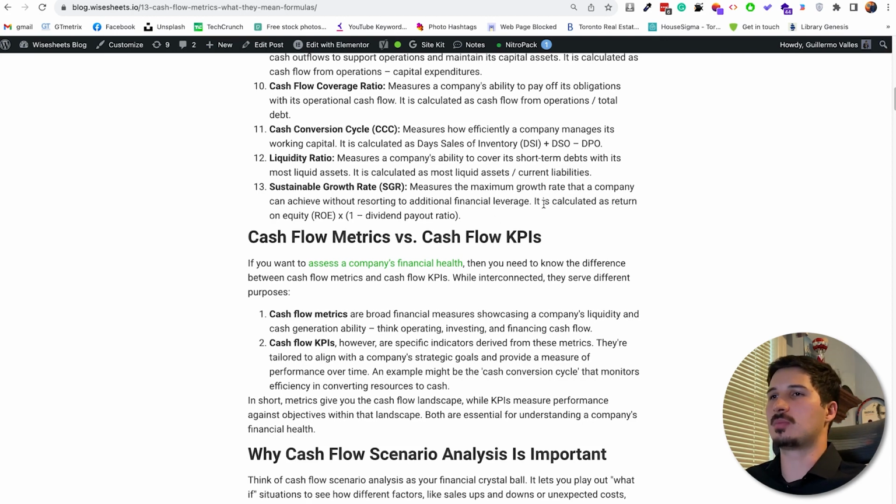This number is calculated by taking the return on equity and then you multiply that by 1 minus the dividend payout ratio, and this tells you what is a healthy amount that a company can grow if it doesn't want to take additional debt. This number is important because you can use this in your assumptions as kind of like that top growth rate that a company can have. So this allows you to have better assumptions, and when you do a valuation or something like that, you're going to be able to have a more reasonable time coming up with the assumptions for that.